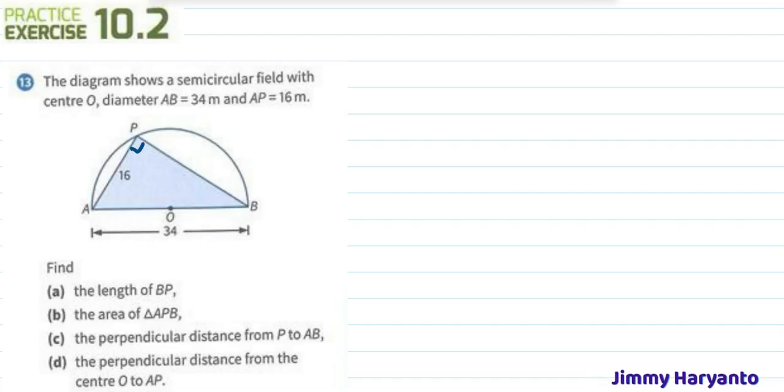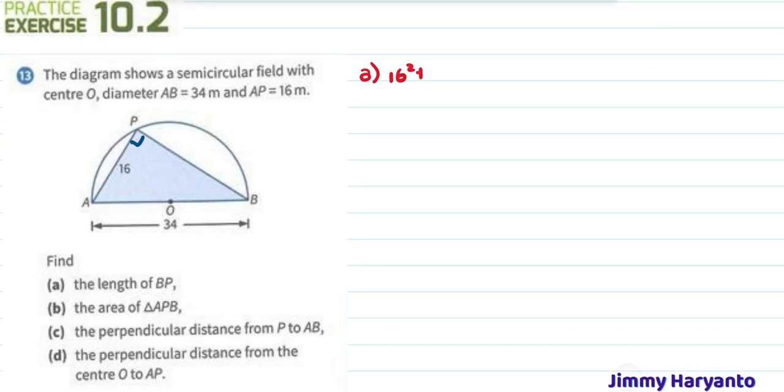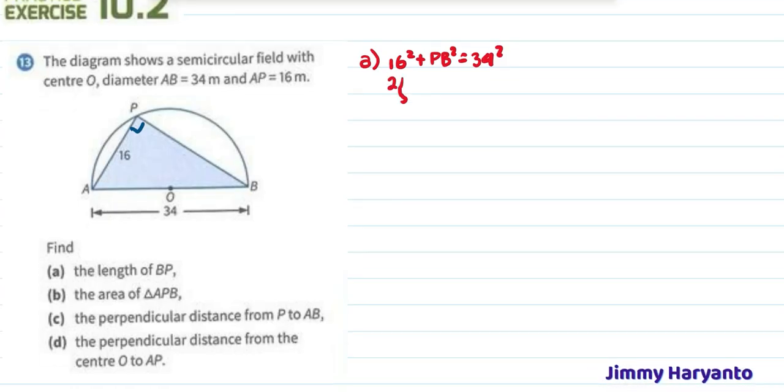That means we can use Pythagoras theorem to solve the question A. So A square, which is 16 square, plus B square, which is PB square, equals 34 square. 16 square is 256, and then plus PB square equals 34 square, which is 1156.